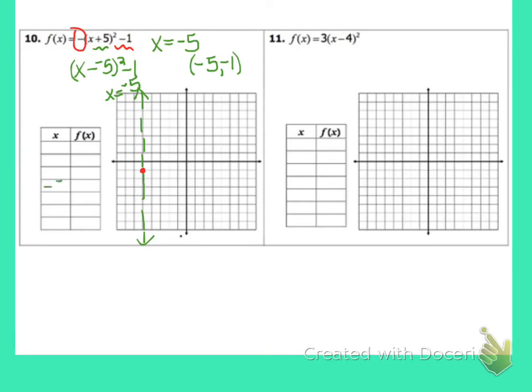But we could take that -5, -1 in our table, and we could find some values below it by putting in, say, -6 and -7, and above by putting in -4 and -3. And you can, again, use the graphing calculator table to do that as well. Maybe we could go a little further to -8 and to -2.